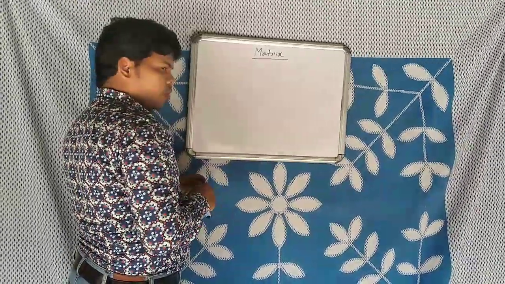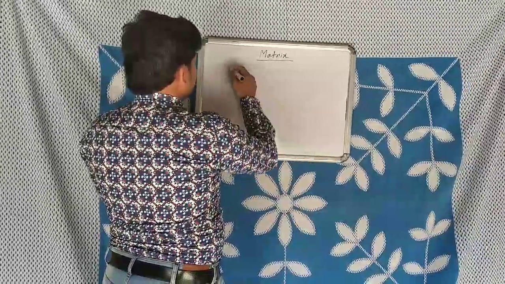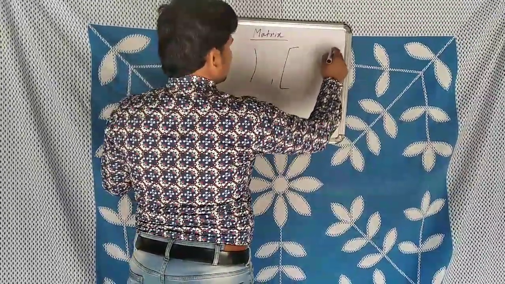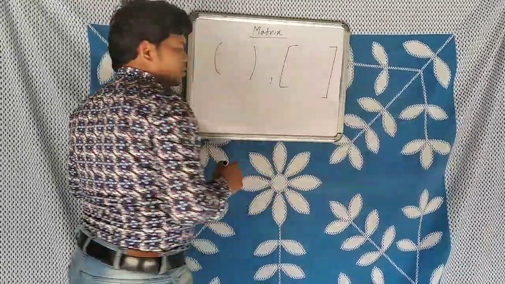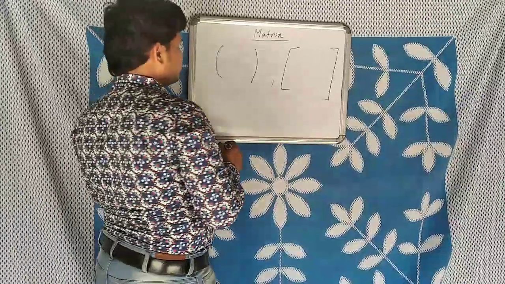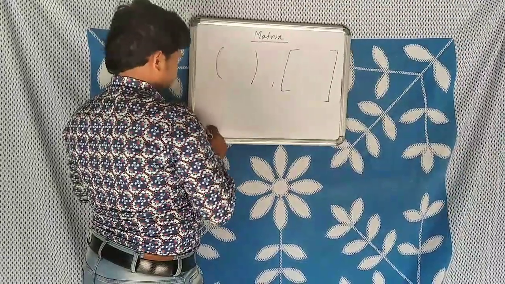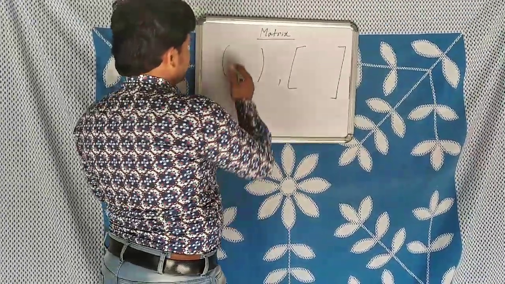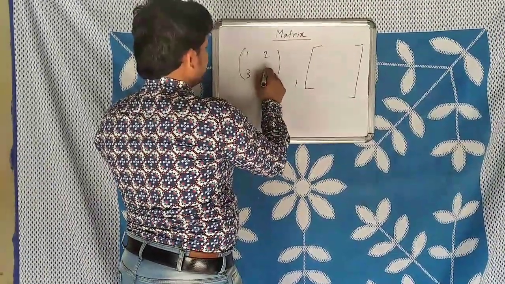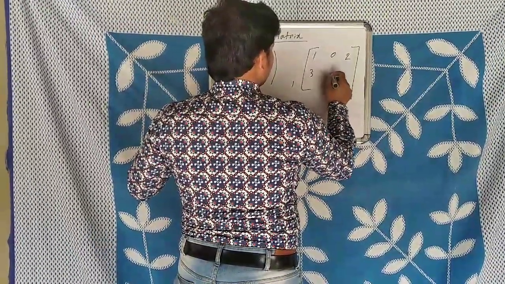And what is the symbol of matrix? This is the symbol of matrix. These are the symbols of matrices. Next, suppose 1, 2, 3, 4 and 1, 0, 2, 3, 0, 1.